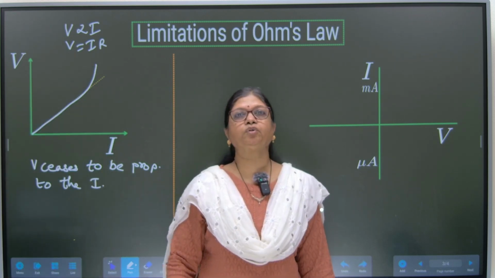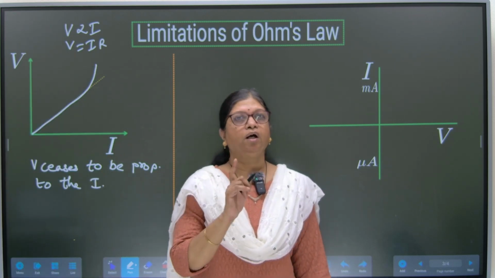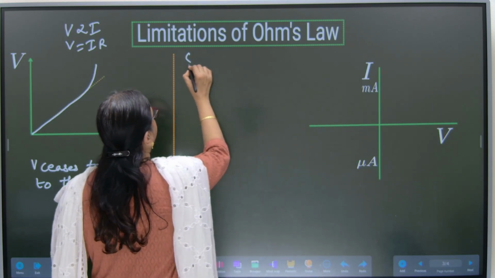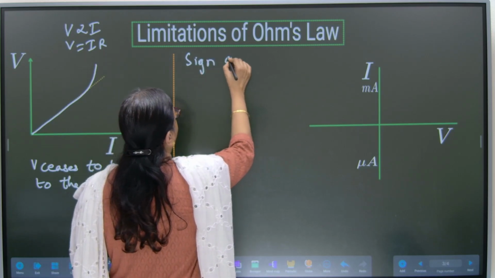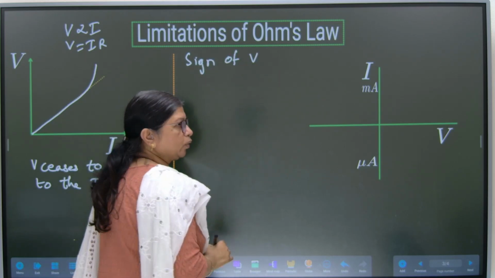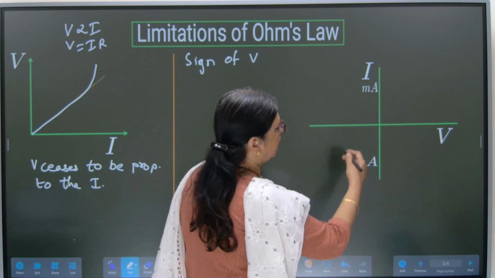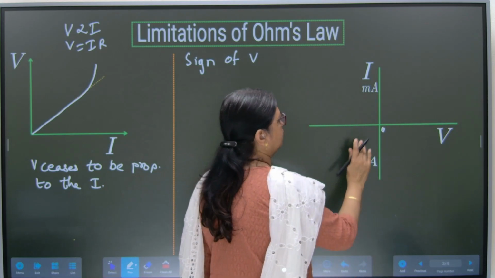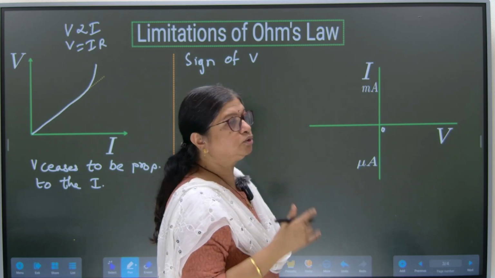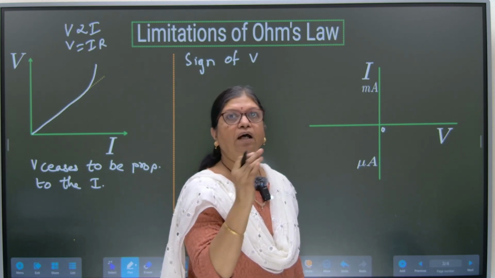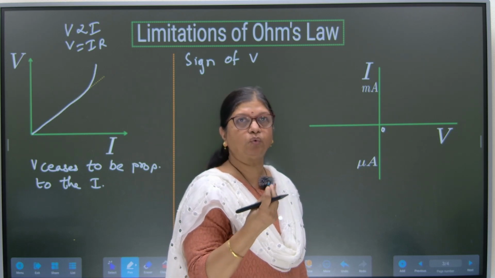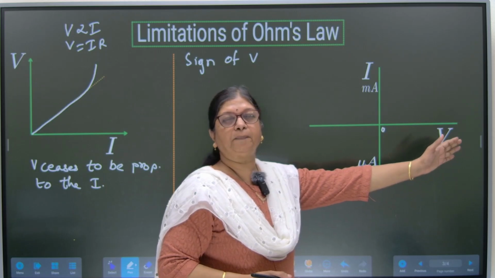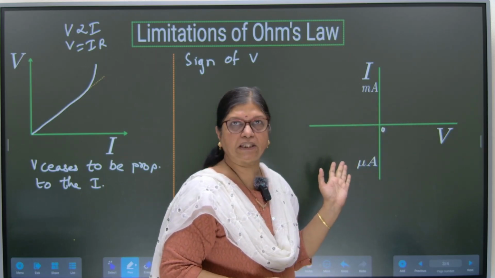Now we move to the second limitation of Ohm's law. The proportionality depends on the sign of V. Let us consider the graph here with O as the origin. This side is a positive potential, this side is a negative potential. As per the law, we have to get the same shape of the graph whether the potential is positive or negative.